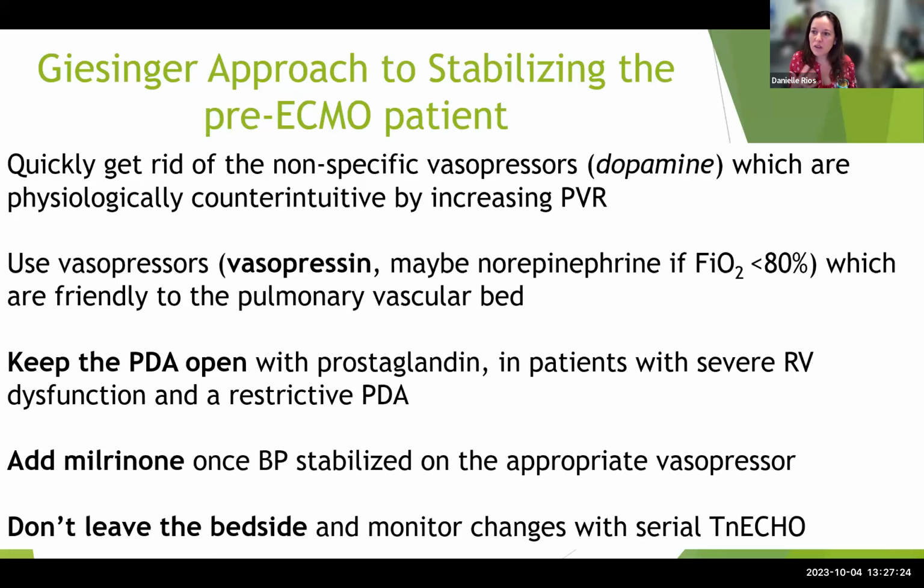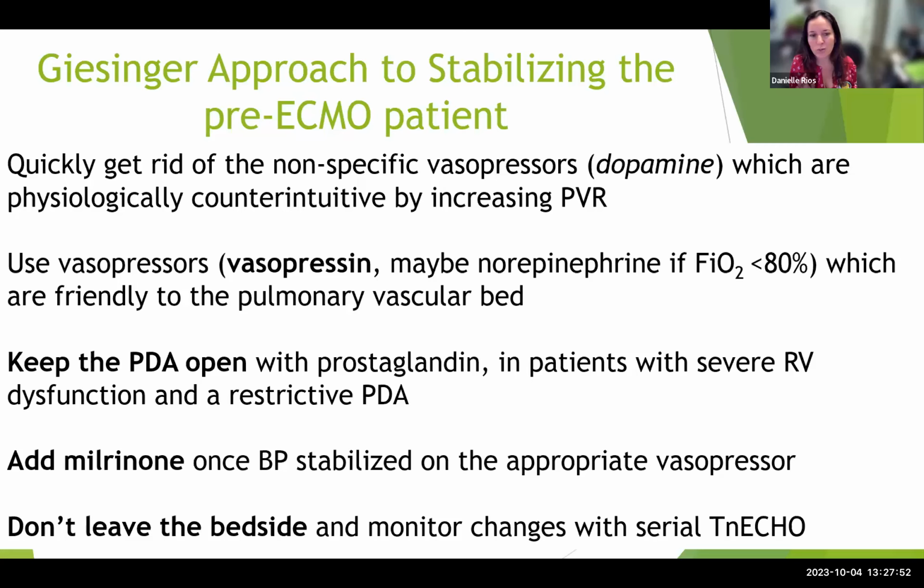So her approach to stabilizing the pre-ECMO patient, which turned into MVP, was that she would get rid of the wrong medications, essentially, the ones that were not actually helping the physiology. She would use vasopressors, but most often vasopressin, sometimes norepinephrine, that would actually help with the pulmonary vascular bed and not harm it, not make it worse.